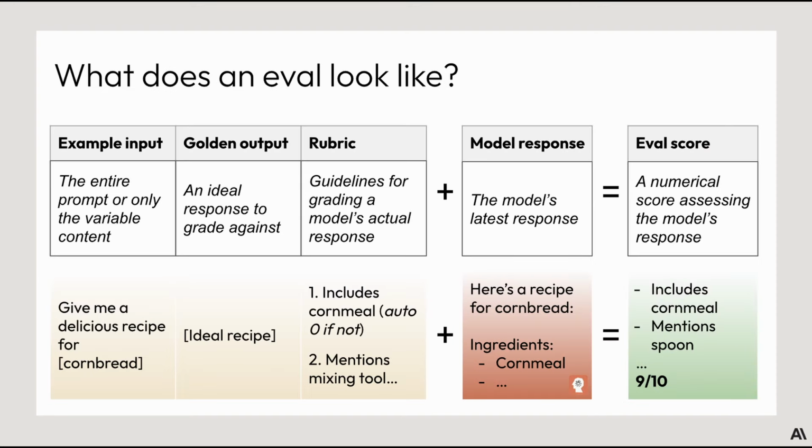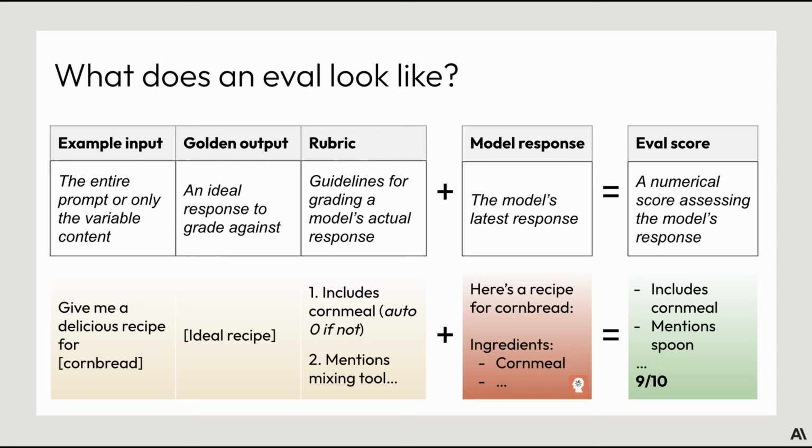Let's look at an example of evaluation. As the input, we can have the entire prompt or only a variable content that will be injected in the prompt. As an example, we have: give me a delicious recipe for something. We have the golden output, which is what we call the ground truth, so the answer that the model should generate.